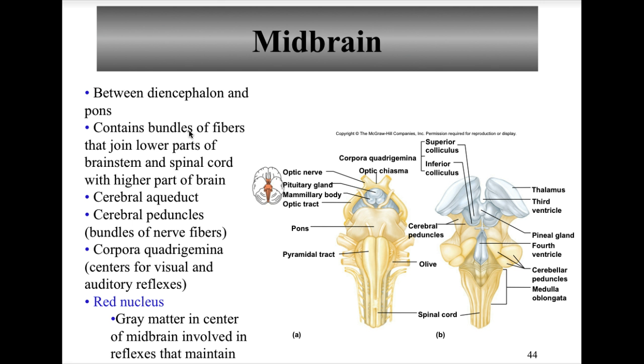That is going to be the formed dome-like protrusions on the dorsal midbrain surface. Here we also have gray matter within white matter, and it acts in reflex action, so visual and auditory reflex action. It also contains areas associated with reticular formation.